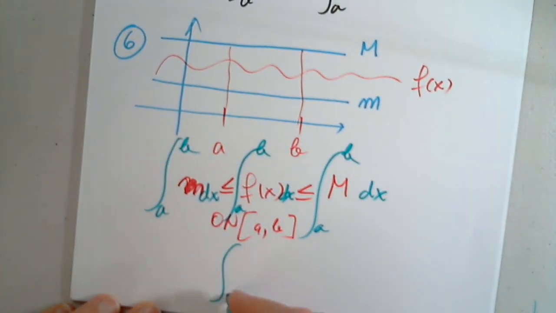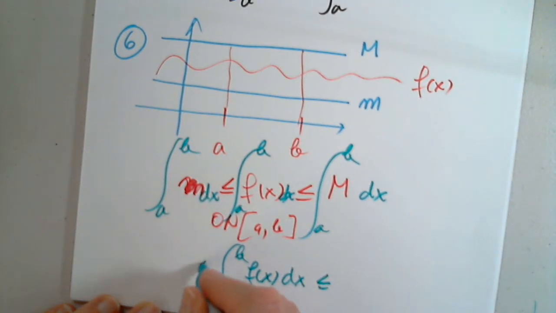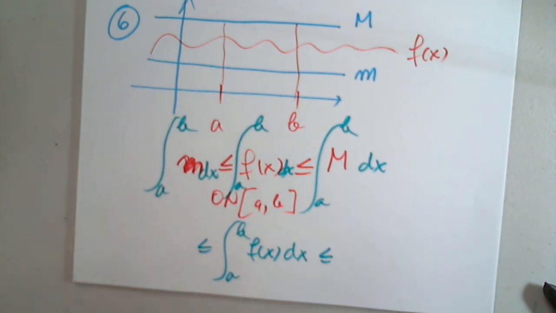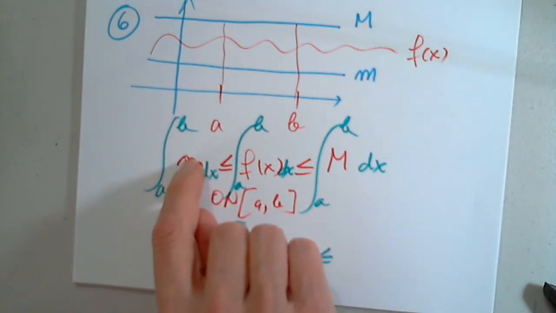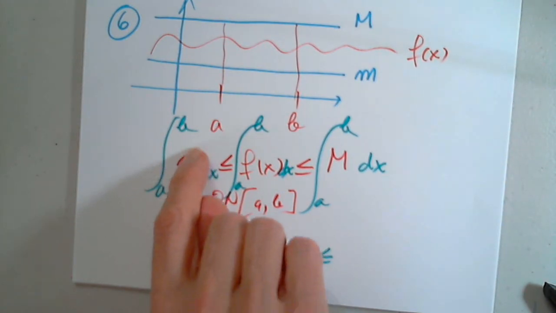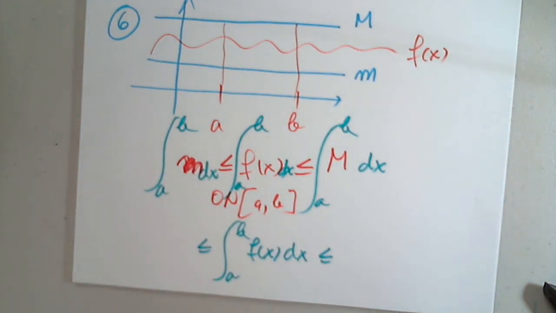The middle part is the integral from a to b from f of x dx. But the sides can be determined. This is a constant, it goes in front. What is the antiderivative of 1? Because m goes outside.